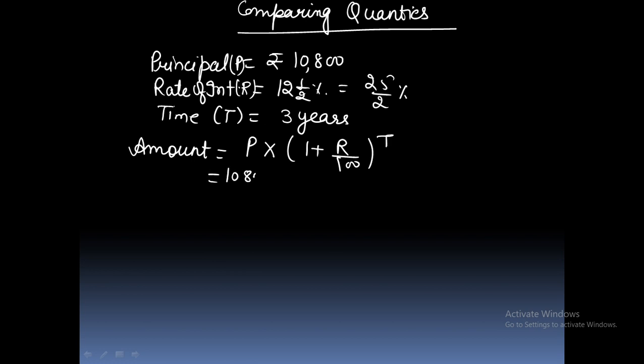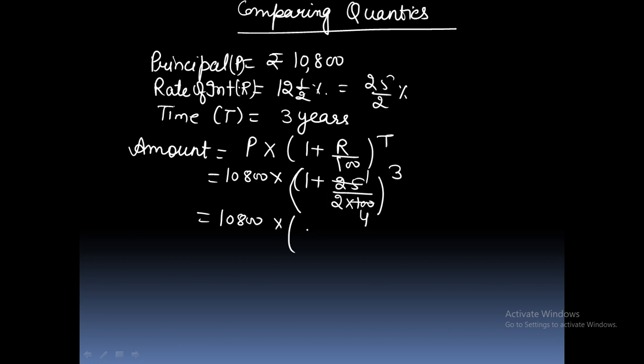P is given 10,800 multiply 1 plus rate of interest is 25 by 2. 2 will be written with the 100 and power is 3. 25 ones are 25, 25 fours are 100. 10,800 multiply 1 plus 1 over 8 power 3. 10,800 multiply 9 by 8. It will be written 3 times because power is 3.